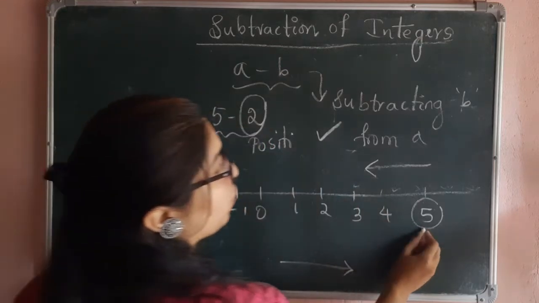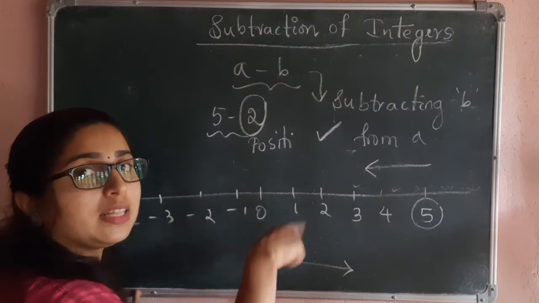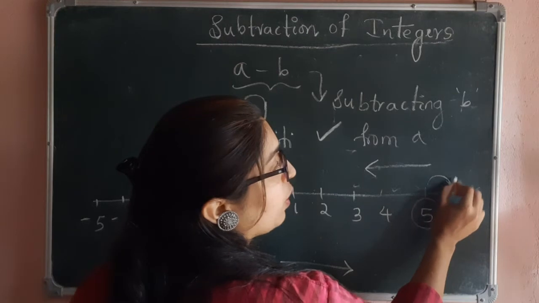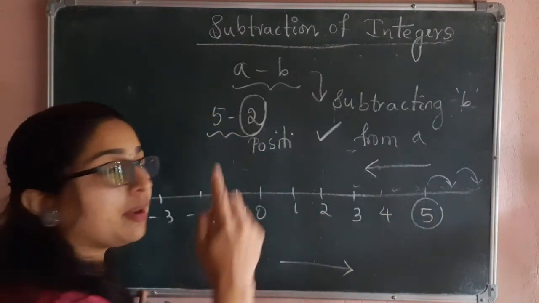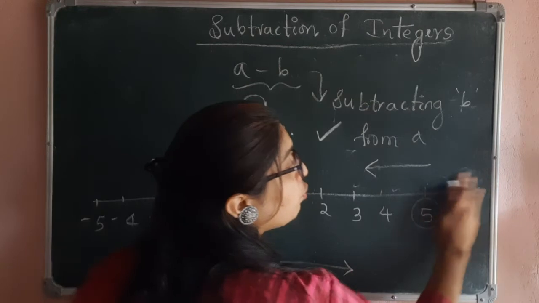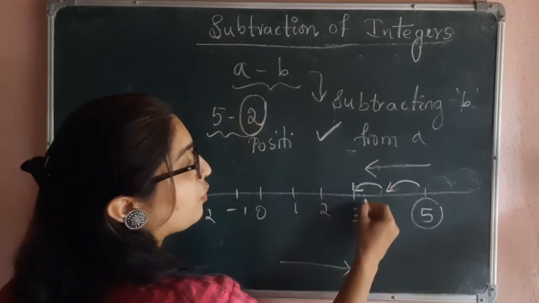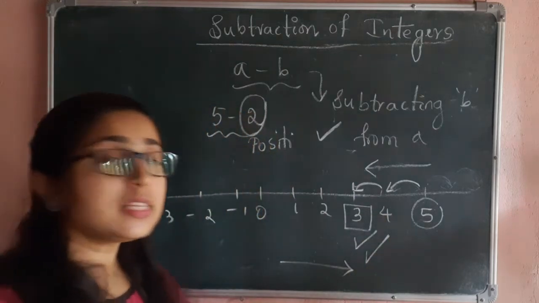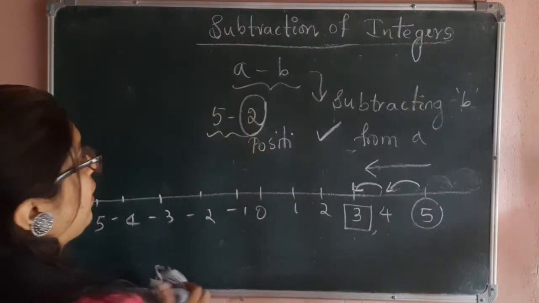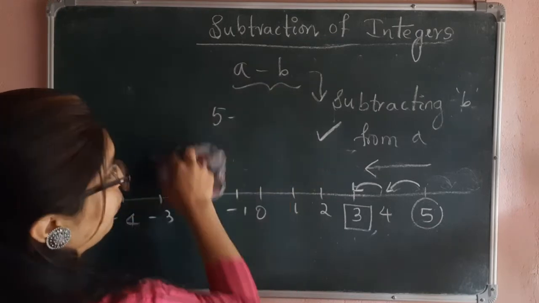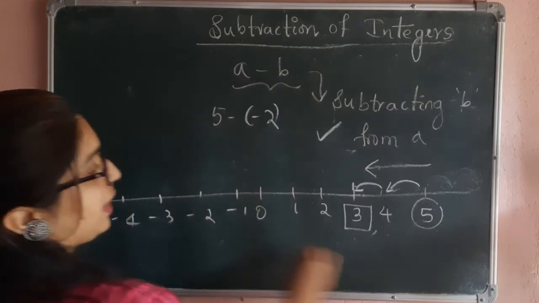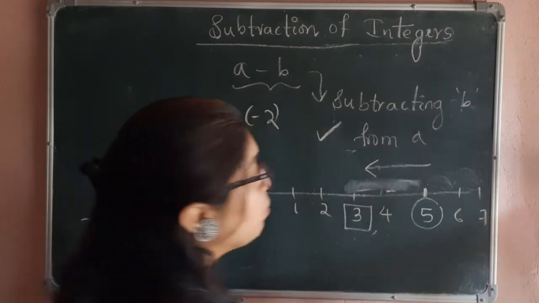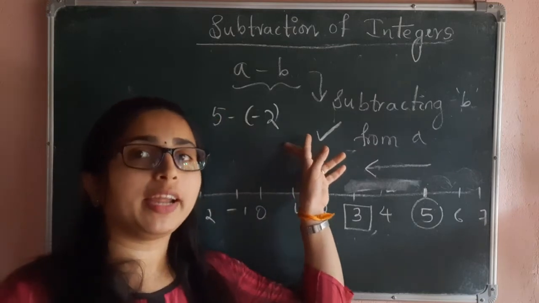See, 5 minus 2: I am subtracting a positive integer, and this is the reverse of addition. If I was adding a positive integer, I was moving forward. But now I am subtracting a positive integer, so I will move to the left. 2 units left. The answer is 3. Now if I subtract minus 2, from 5 I will move to the right because I am subtracting a negative integer.